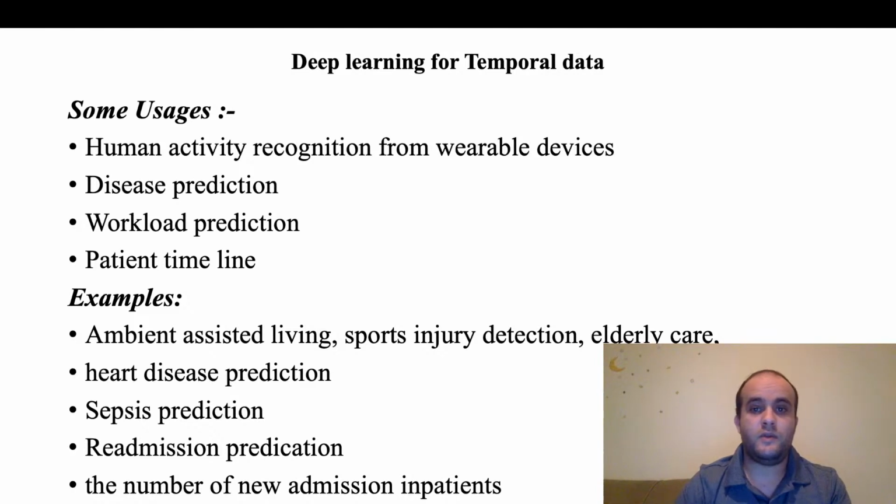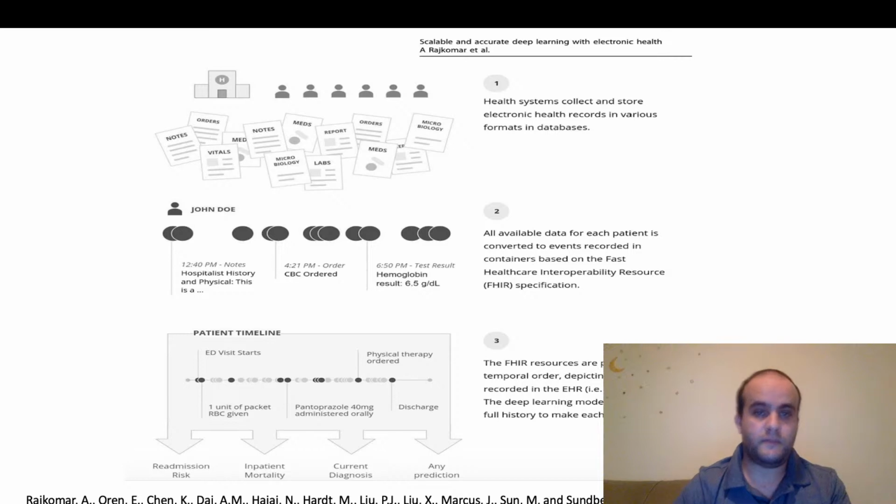If we read this temporal data from the electronic health records, then analyze it and find the connections and patterns, we can get some insight. This is an example from a previously published paper of turning the data into a timeline of people. You have notes, orders, and vital signals, then you turn them into a timeline. Each patient will have a timeline. Then from that timeline you predict, for example, disease risk.